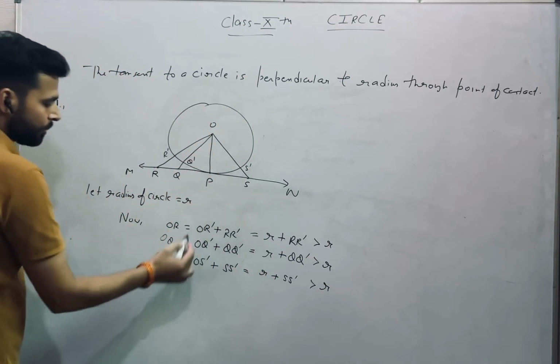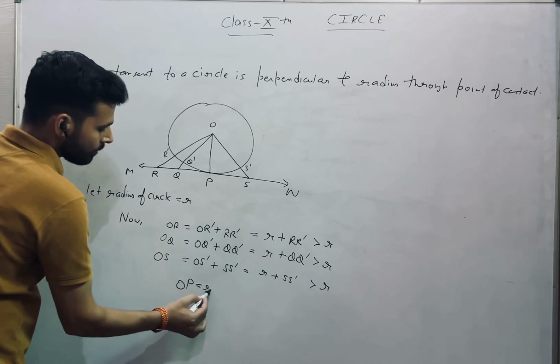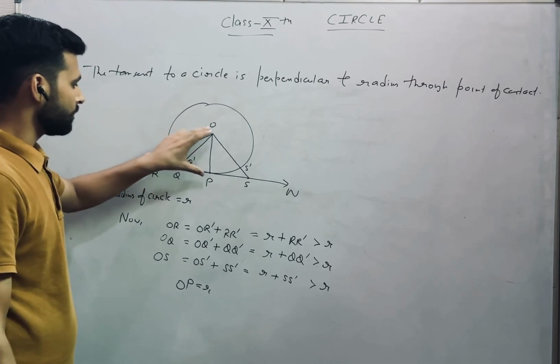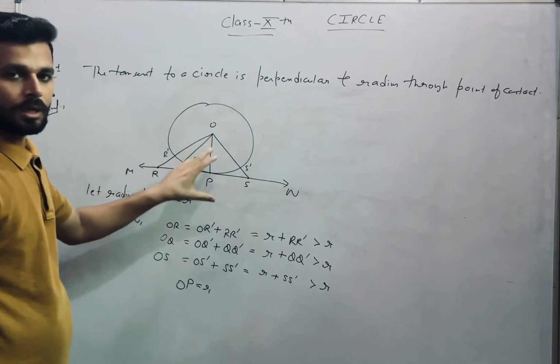Now what is OP? OP is equal to R, because OP is a radius.